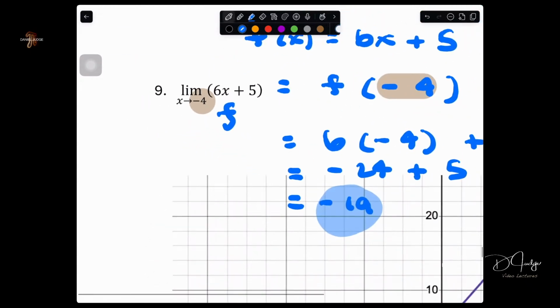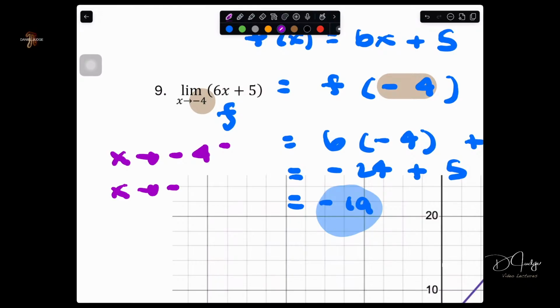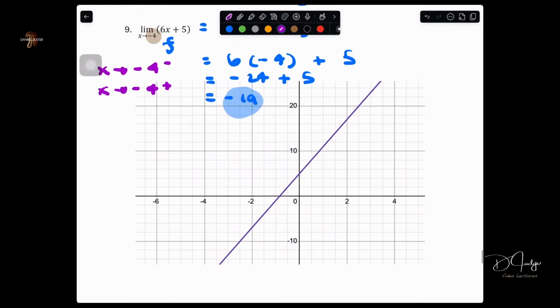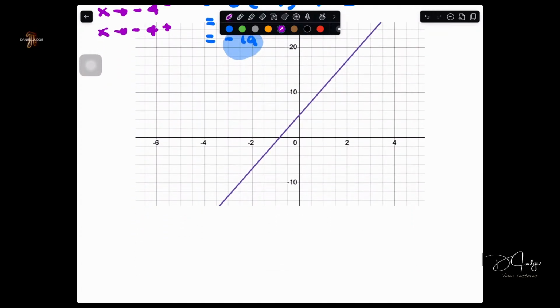And again, we got to check both directions graphically. And I apologize, x goes to -4 from the left. X goes to -4 from the right. So let's take a look here. And I guess we don't have that information, shucks, because -4 is really over here.